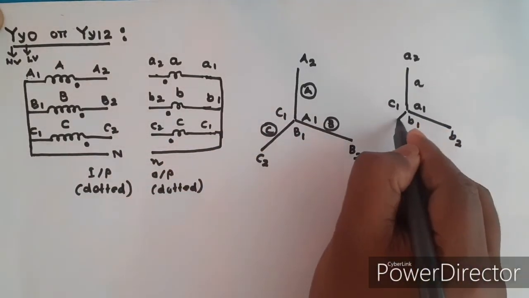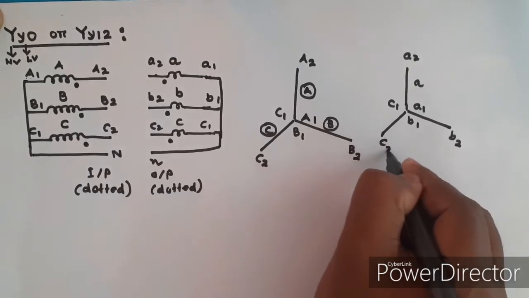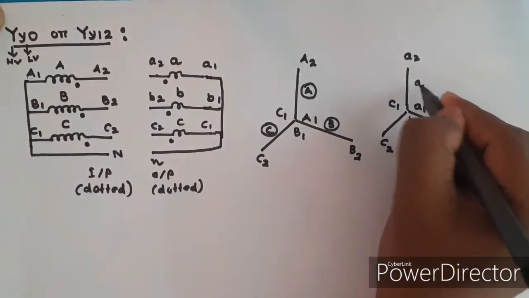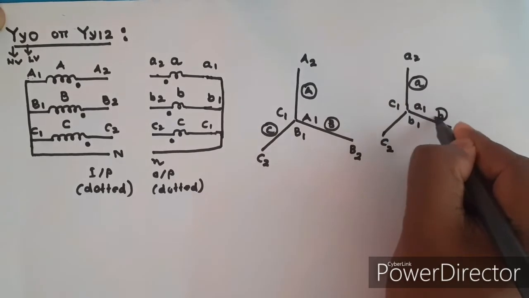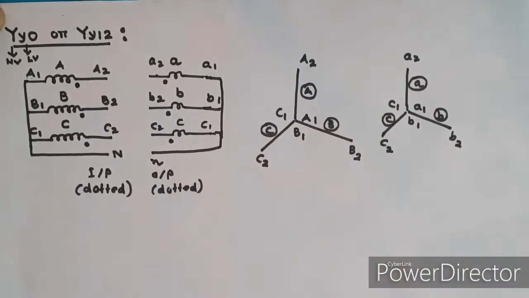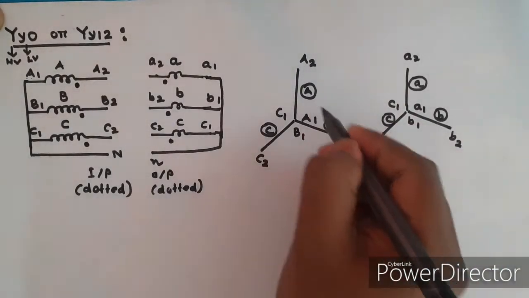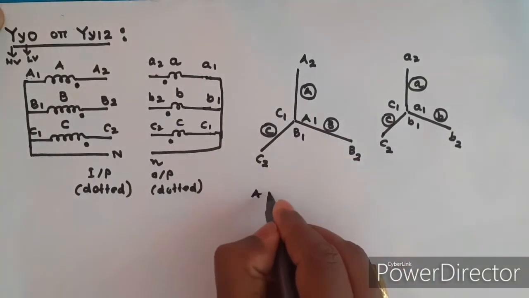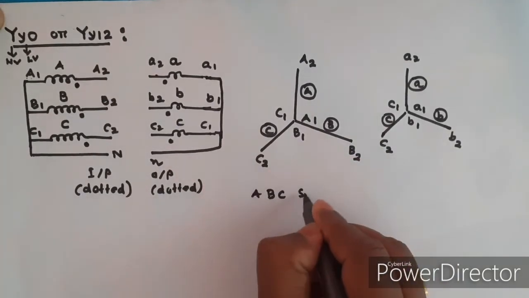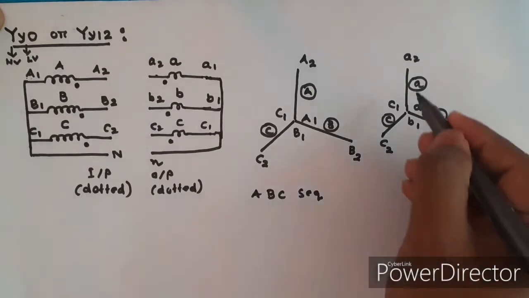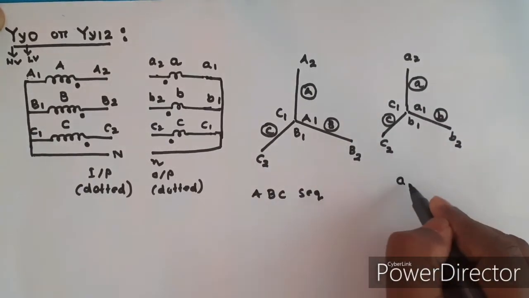This is C1, C2. Therefore, A phase, B phase and C phase, with the A, B, C phase sequence.